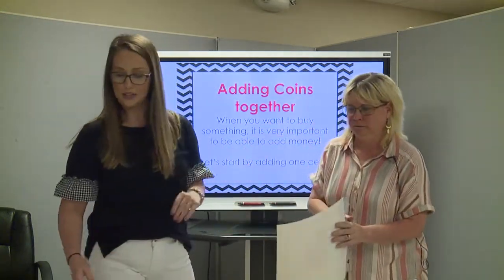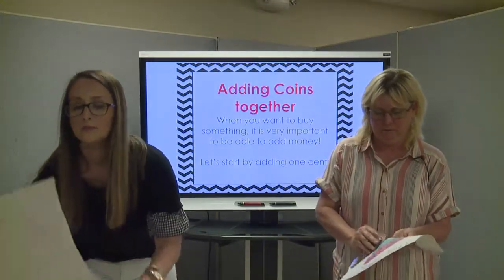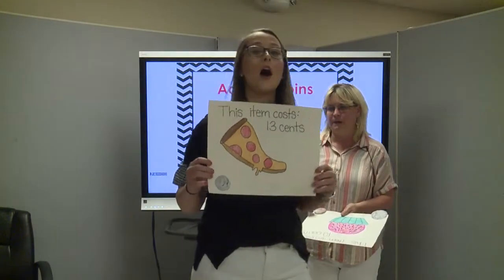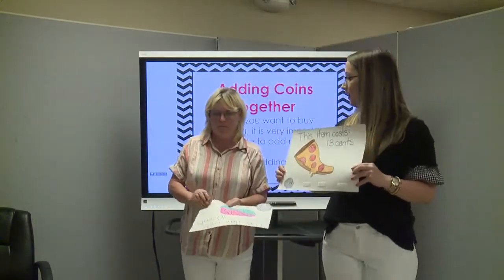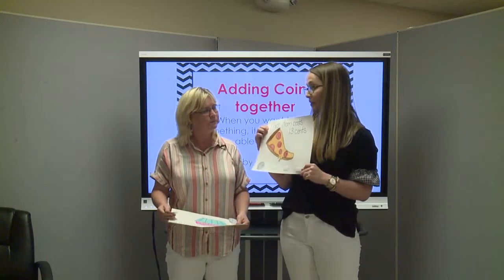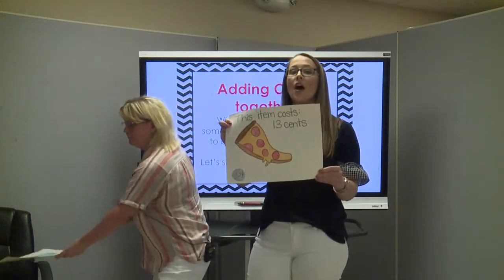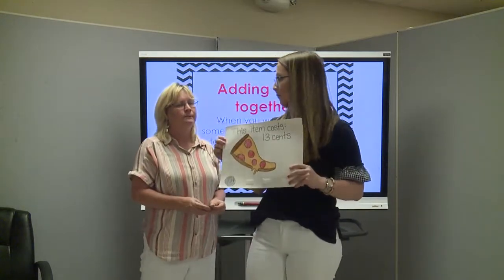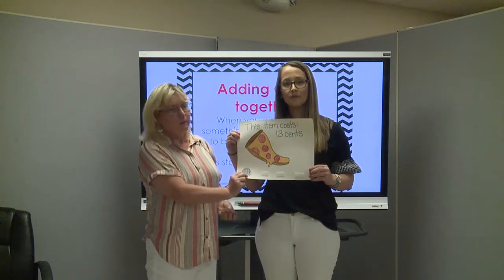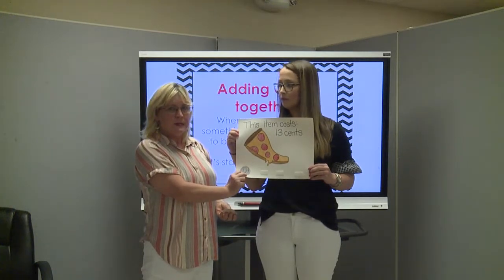Let's practice again. Now, this is an item Miss Craig likes to buy a lot. This is pizza, but this isn't worth 10 cents. This is worth 13 cents. Miss Bloomer? Okay, we already have a dime, and we already talked about that we know a dime is 10 cents.